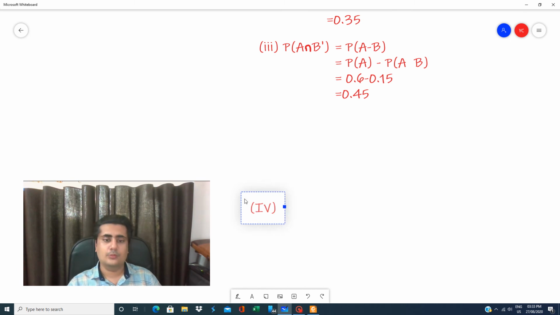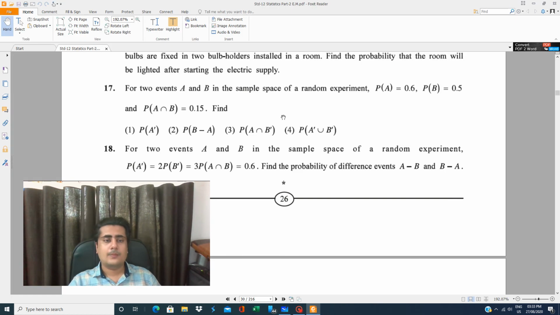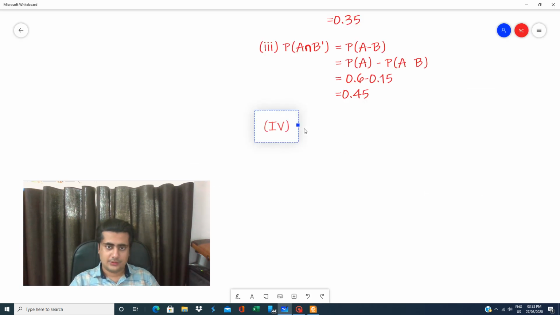Let us move to the fourth one. It's P of A dash union B dash. Now what is this A dash union B dash?